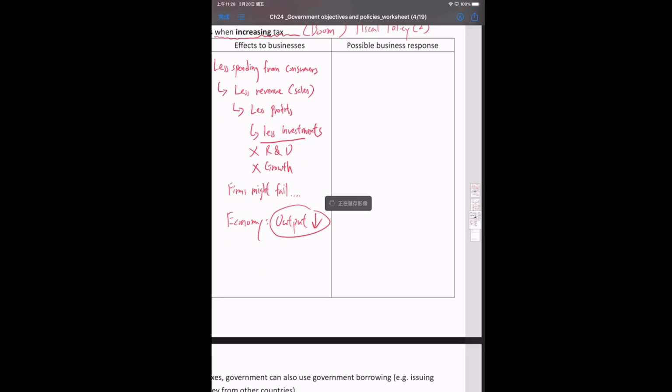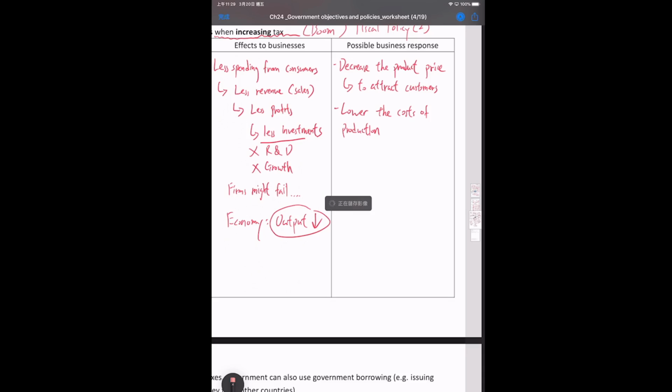So here, by decreasing the product price to attract customers, or lower the cost of production.